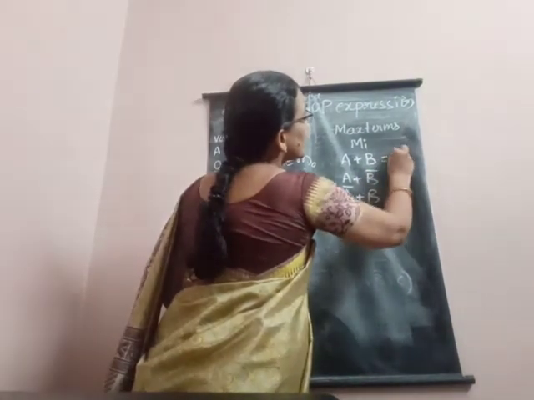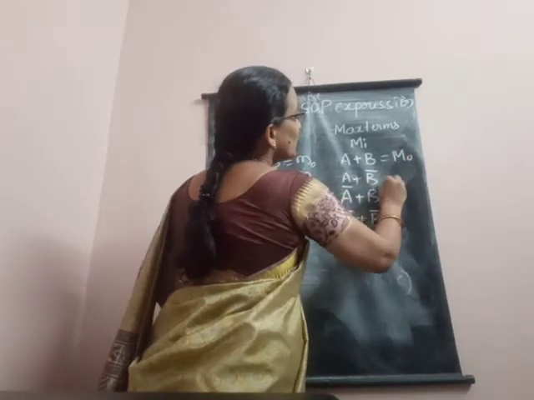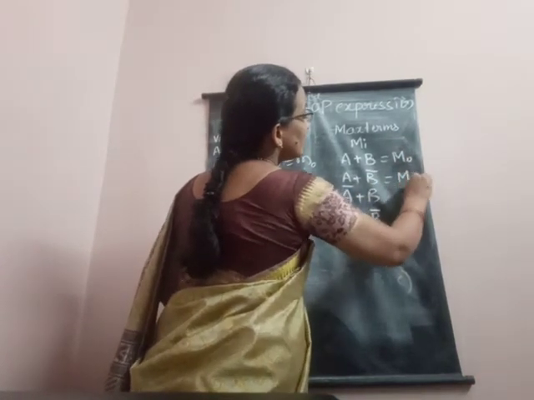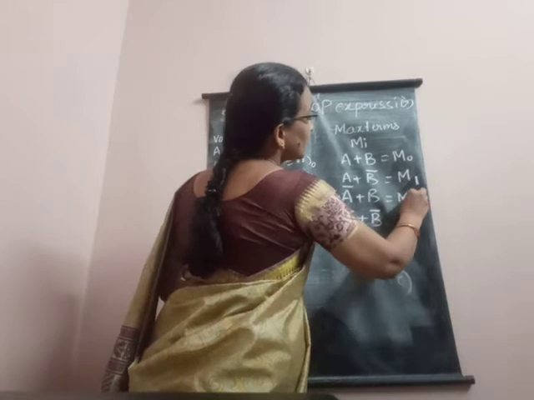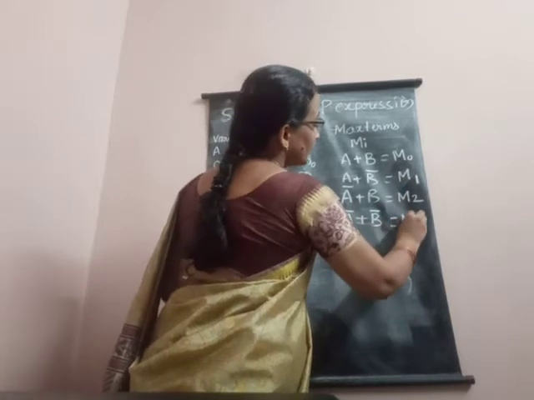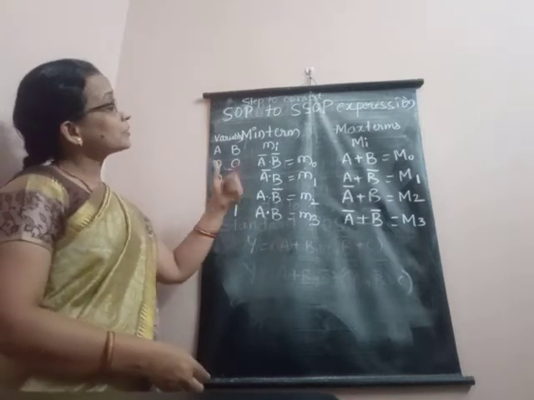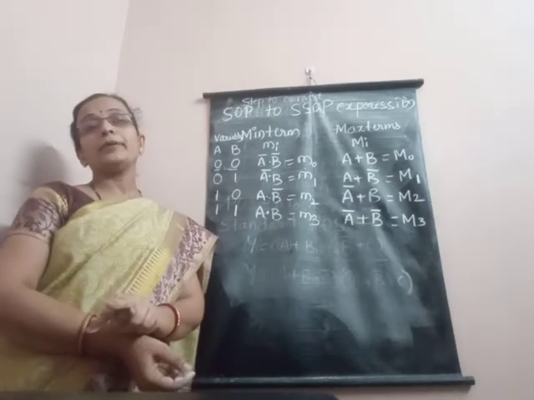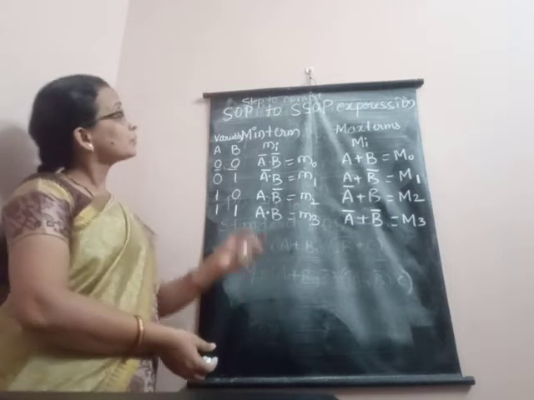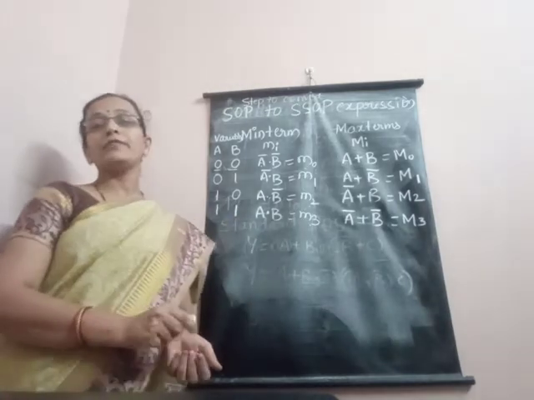A plus B indicates capital M0, A plus B bar indicates M1, then M2, and M3. These are the min terms and max terms for two variables. You try to write min terms and max terms for three variables.